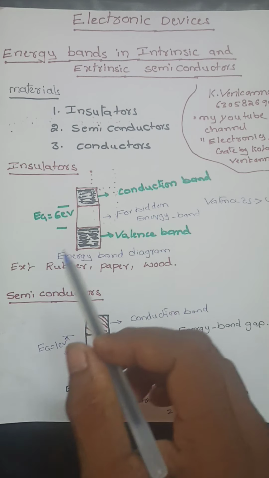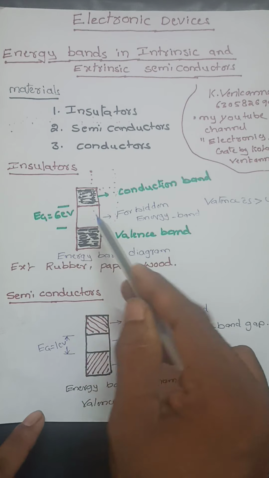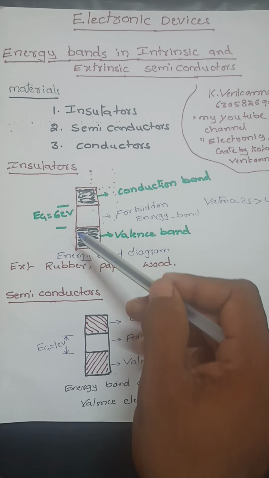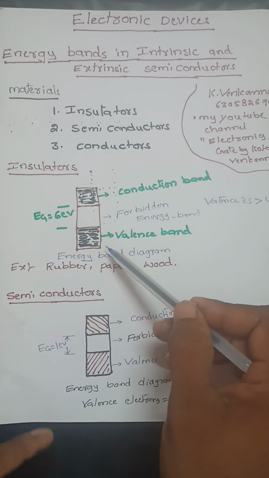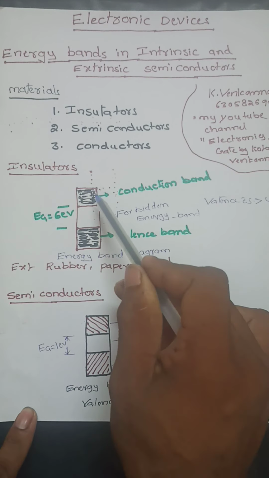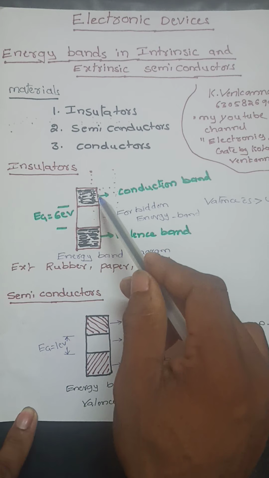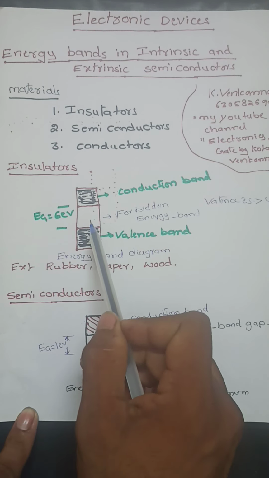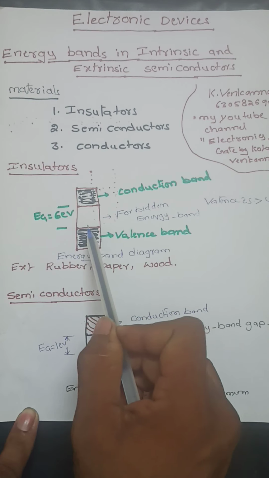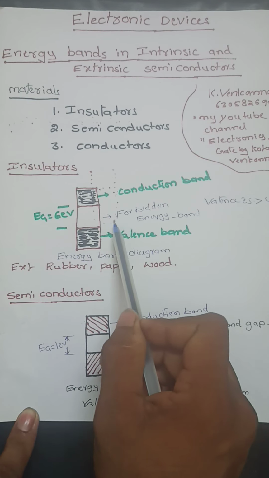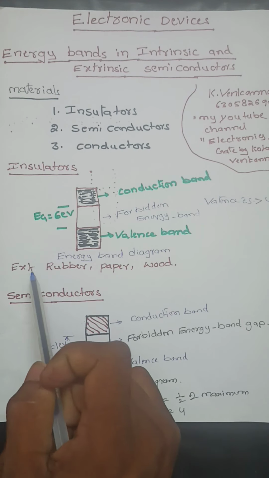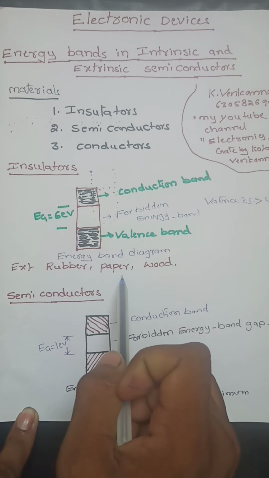The energy band diagram consists of a valence band and a conduction band, and in between these two there is a gap. This gap is known as the forbidden energy band gap. Examples: rubber, paper, wood.